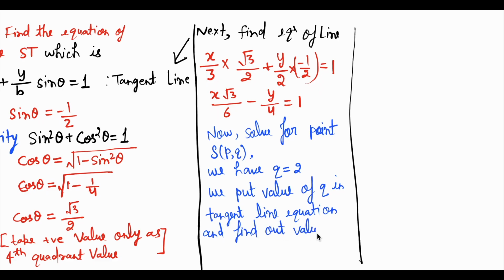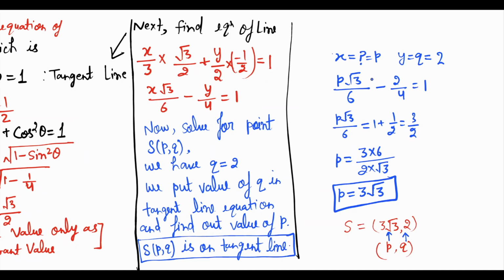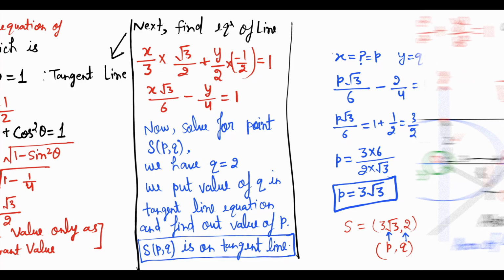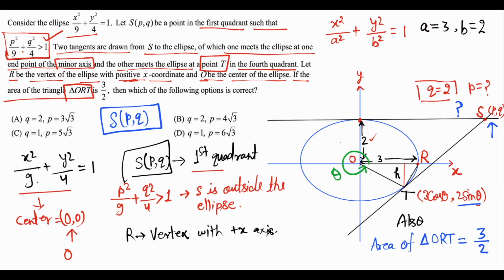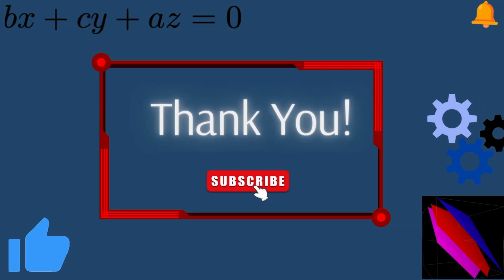We did the calculation and found that the coordinates of point S are 3 root 3 comma 2. So we have option A here, which says that q equals 2 and p equals 3 root 3, which we found. So this option is going to be the right answer. Thank you.